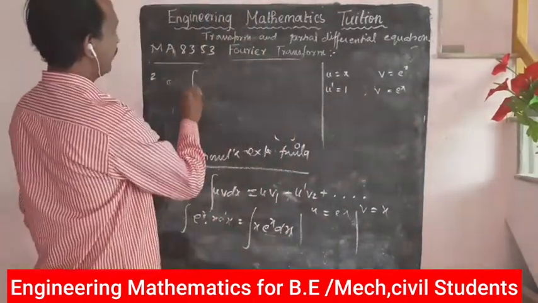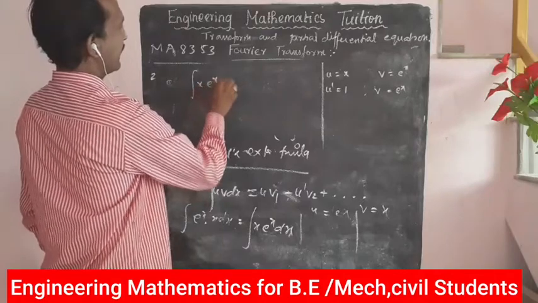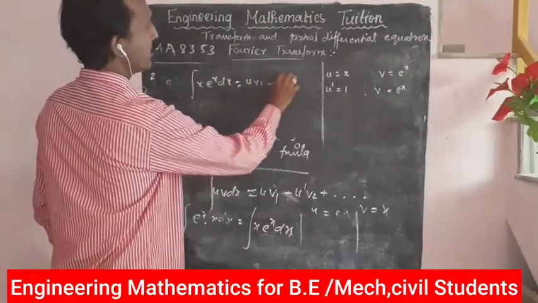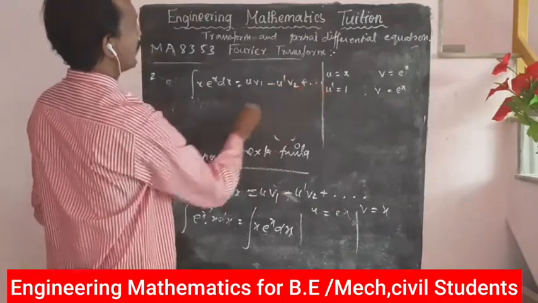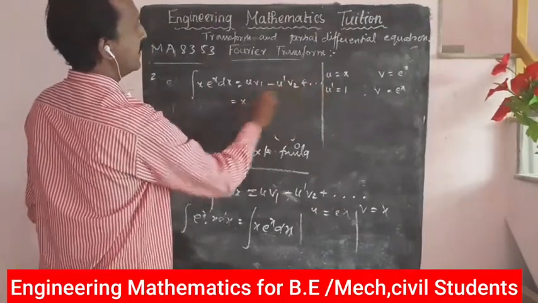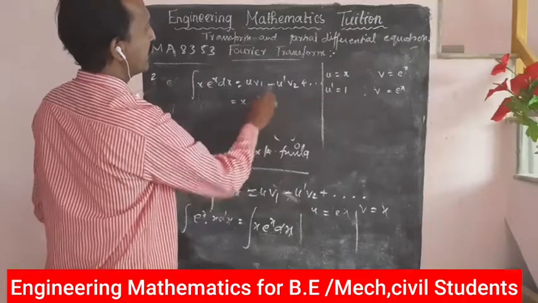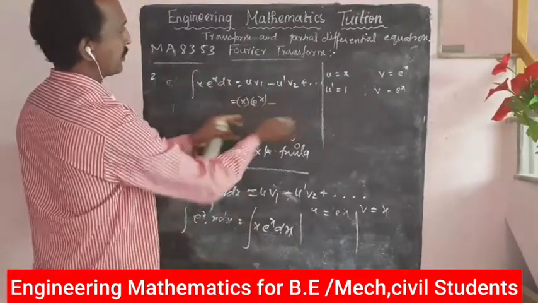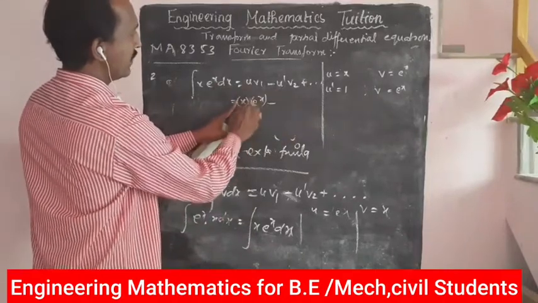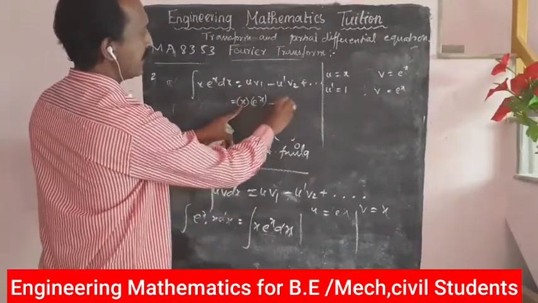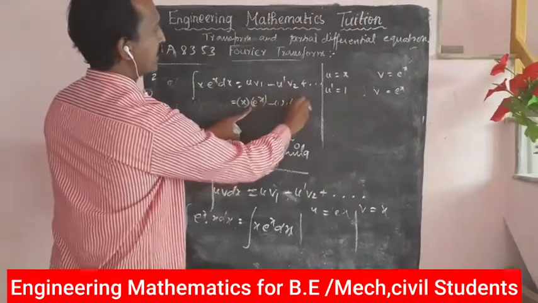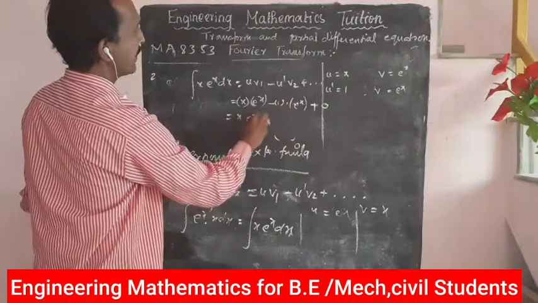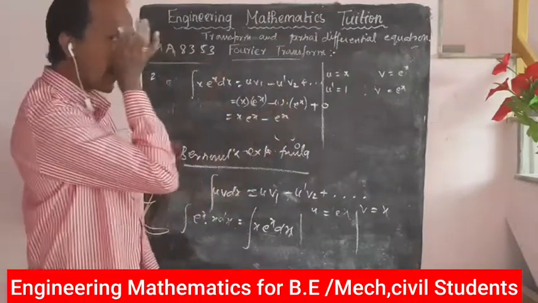So integral of x into e power x dx equals u v1 minus u dash v2 plus, etc. So x into e power x minus u dash, that is the derivative, 1, then integral of e power x, plus the next term is 0. So x e power x minus e power x.